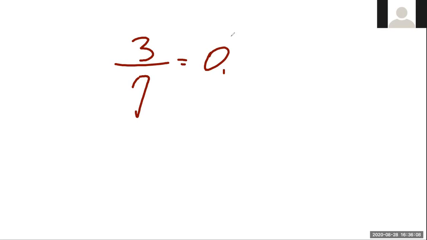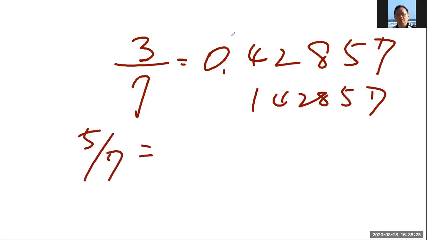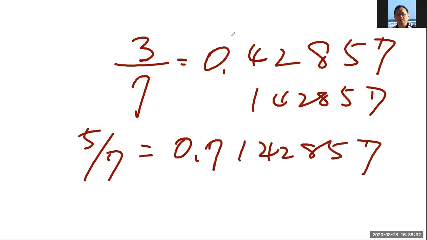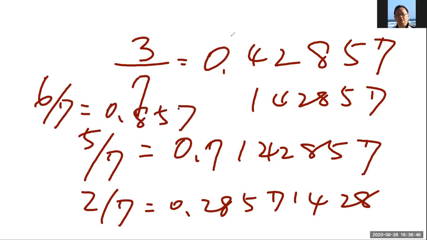Hello? About 0.42. 5 divided by 7 would be 2 divided by 7 would be 6 divided by 7 would be okay. Zoe, have you learned this before?